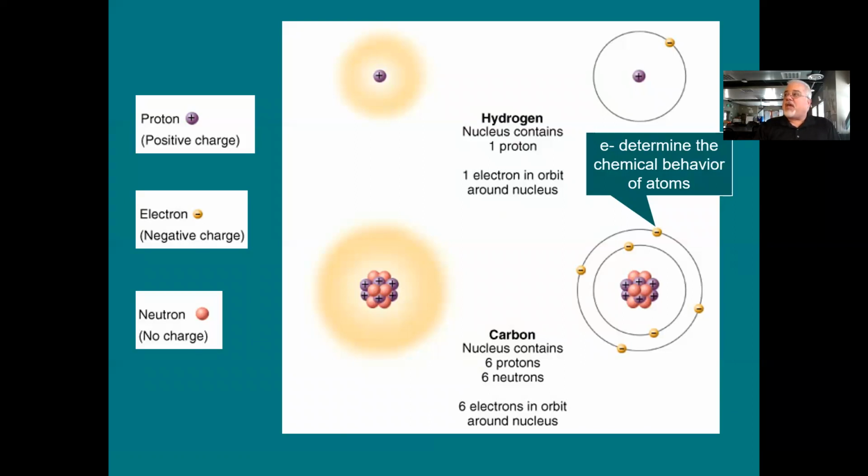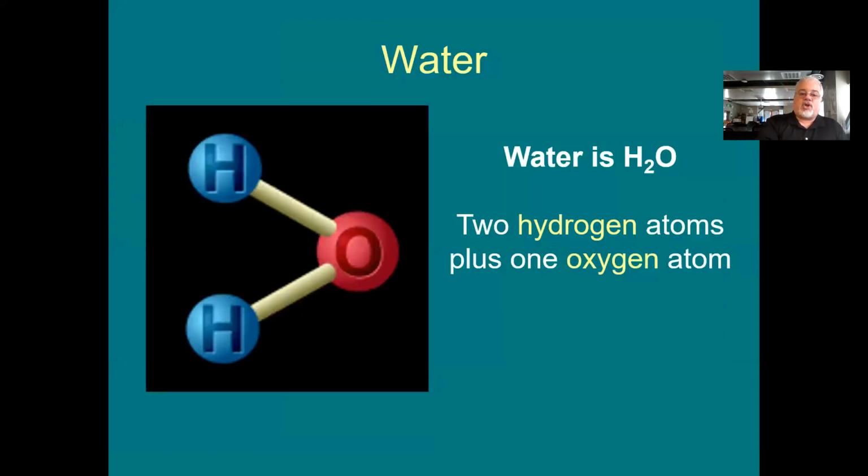Oxygen is actually bigger. Oxygen is number 8 on the periodic table. So it has 8 protons, 8 positive charges. So if I look at this, there's 8 protons here, 1 proton here, and 1 proton here. 8 positive charges in the oxygen, 1 positive charge in each of the hydrogens, for a total of 10 protons.